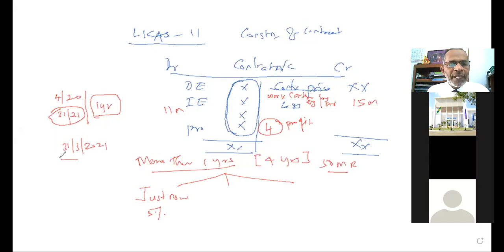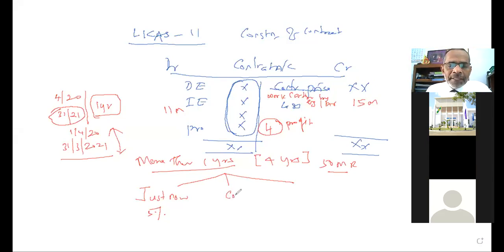Our accounting year is finished. The starting date is 1st April 2020, and we want to show our financial accounting data for 31st March 2021. Our contract started March 1st, and at the end of 31st March we have completed only 5%. At that step, we say the contract has just started.